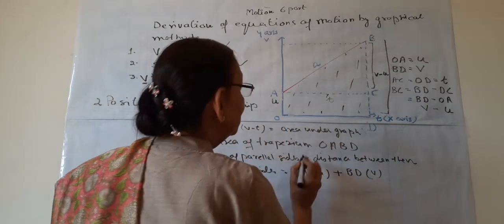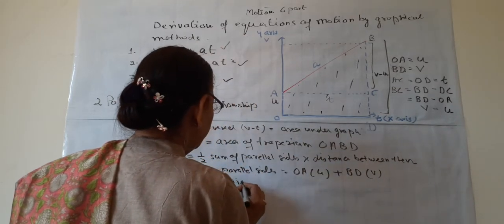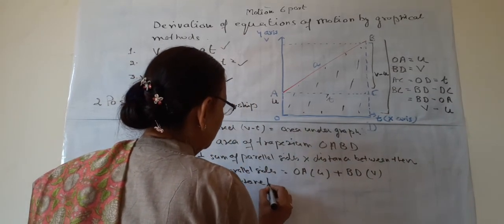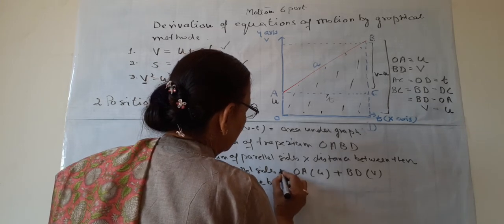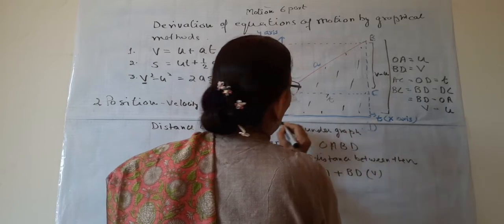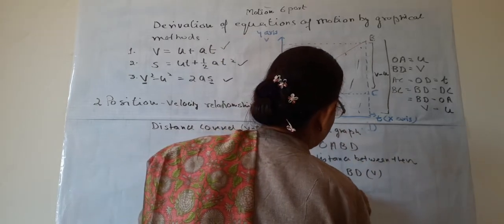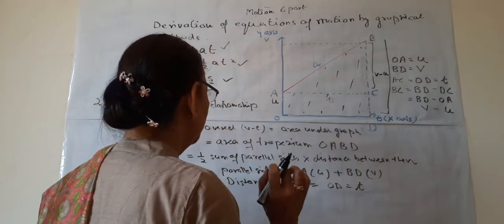So the parallel sides are OA and BD, and the distance between them is OD, which is equal to t. This OD is equal to t.